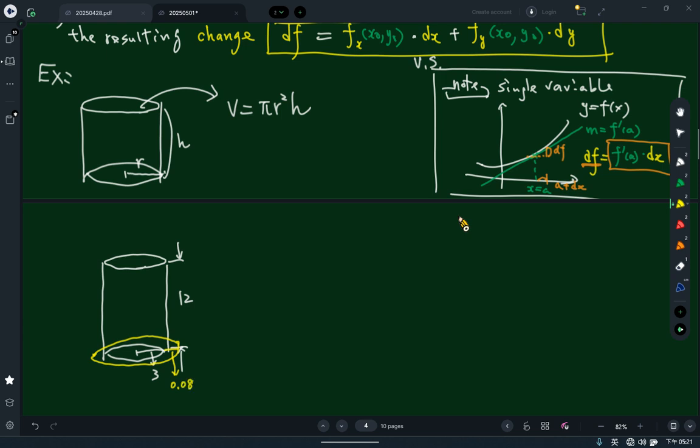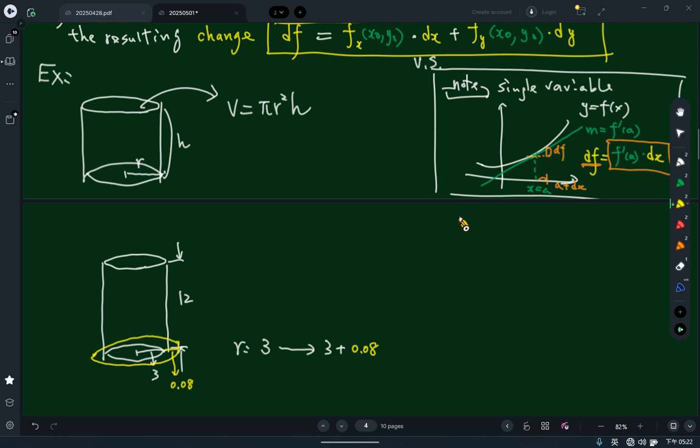That means its base r changes from 3 to 3 plus 0.08. It's a little ugly, right? Because the number is very small. So the radius becomes 3.08, okay?